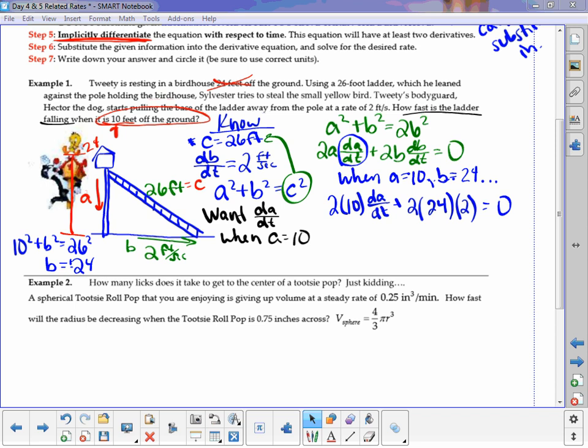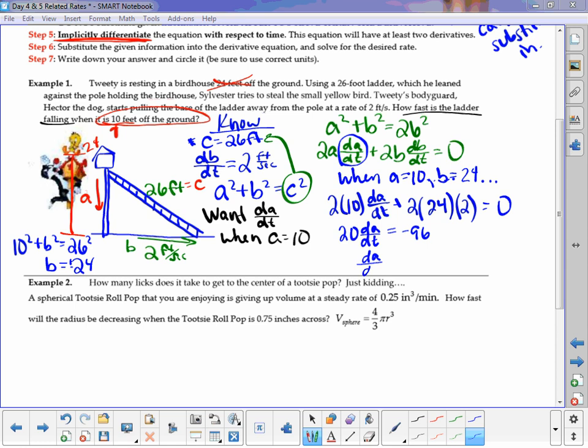All right, so let's go ahead and solve for dA/dt. And we'll leave it as a fraction.